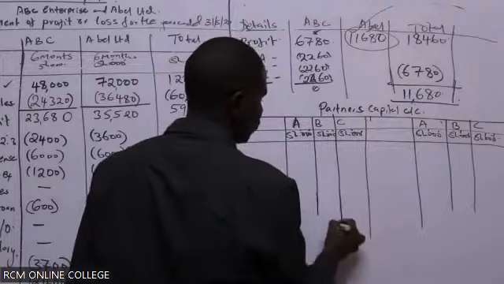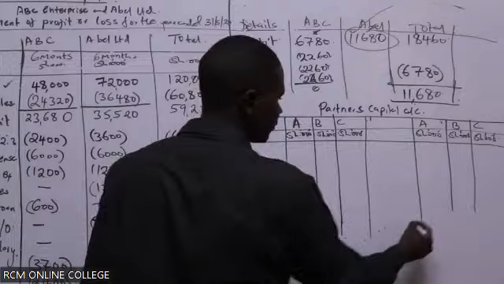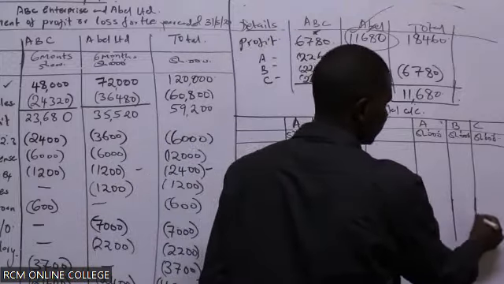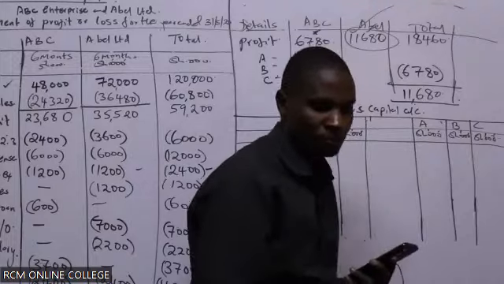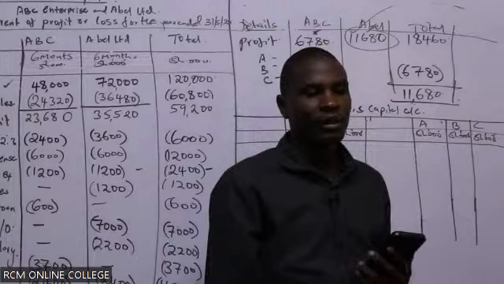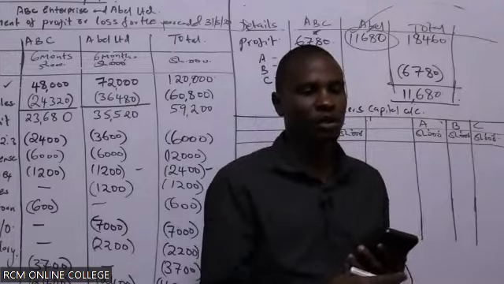So, as you know, all the gains and profit share of partners and the balance brought down are debited.